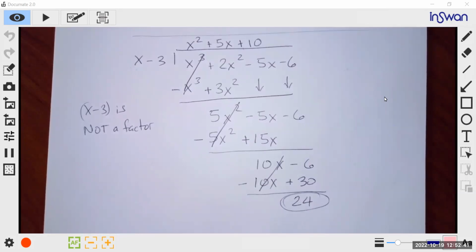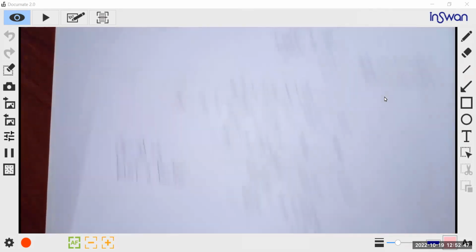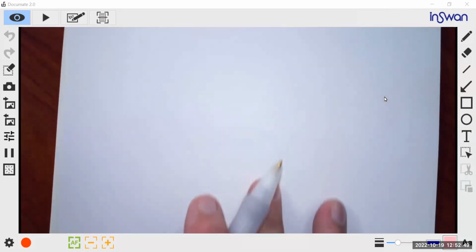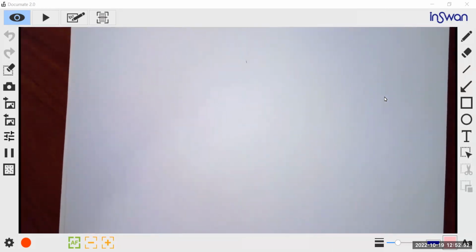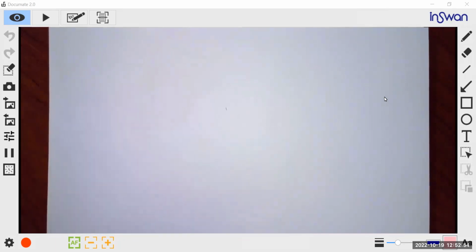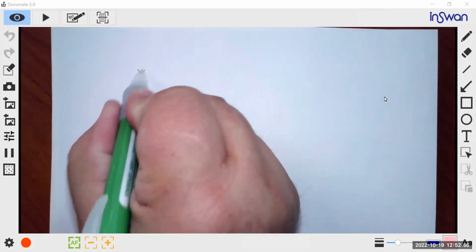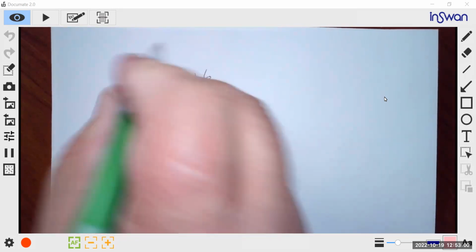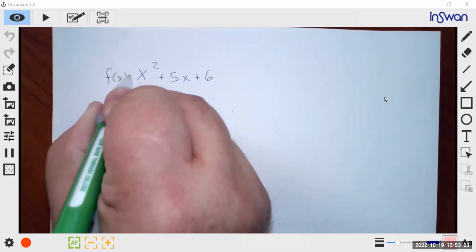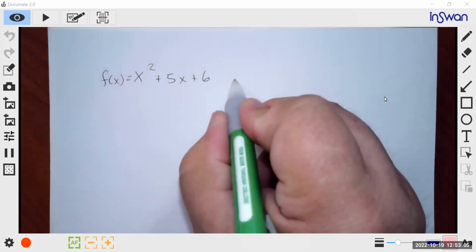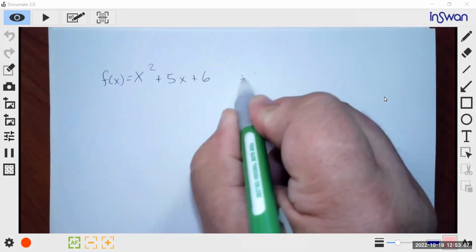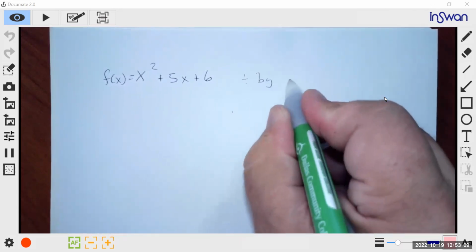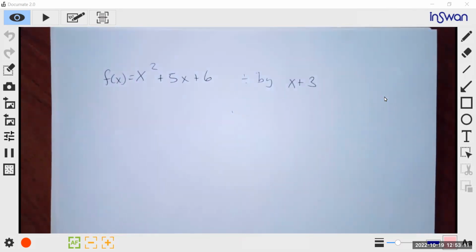So far, so good. Now, here's something even more cool. In one of the first ones we did, x squared plus 5x plus 6 is my function, and I want to divide it by x plus 3. This is the first one that we did.